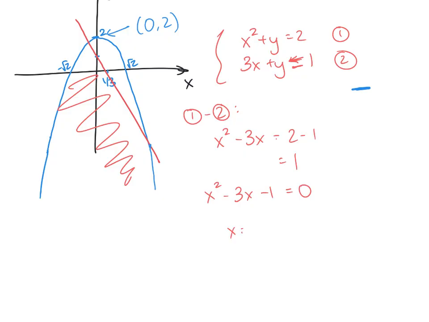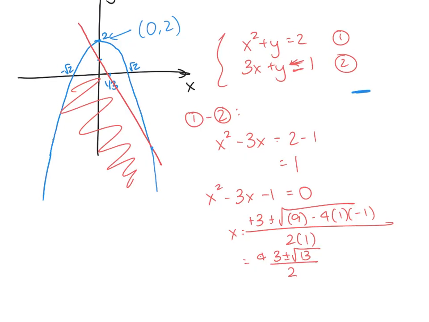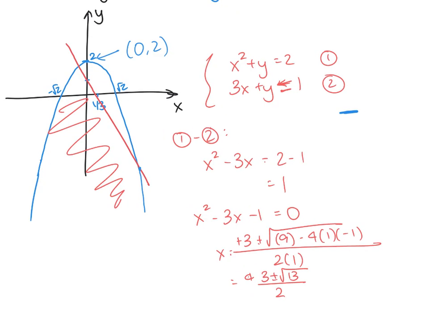I'm going to use the quadratic formula: minus b, so plus 3, plus or minus the square root of b squared, that's 9, minus 4 times 1 times minus 1, over 2a. So 3 plus or minus the square root of 13 over 2. That's what you end up with.